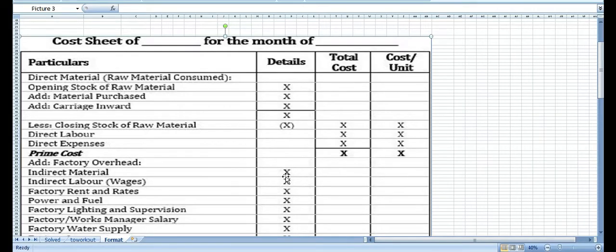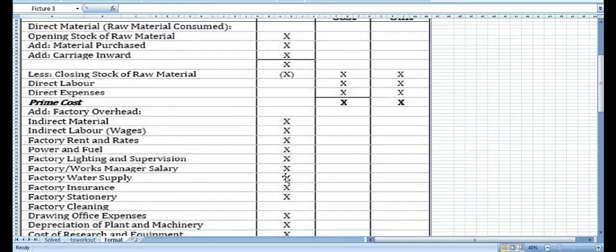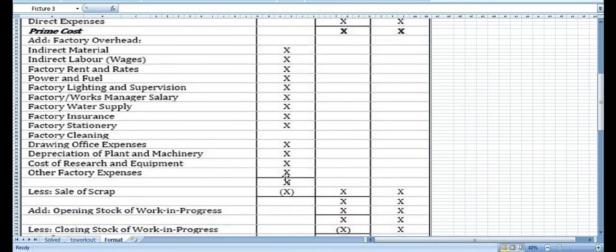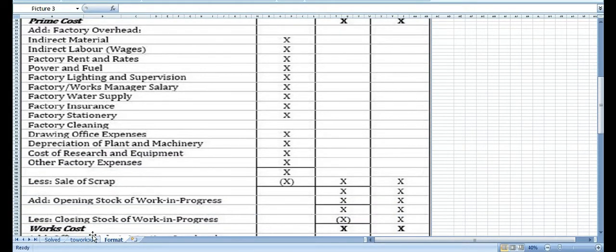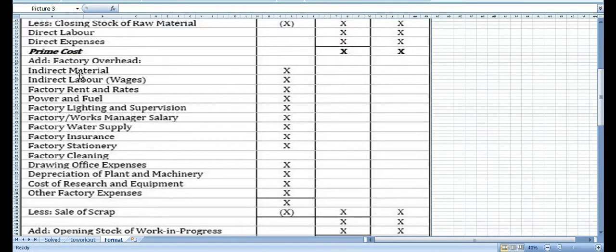Once the prime cost is determined, we add the factory overheads to form the work cost or factory cost, as per the previous problem we have seen. So what are the items that come under factory overheads? They will be listed as indirect material, indirect labor. Wherever the word indirect comes, it comes under the factory, and wherever the word factory comes, it comes under the factory.